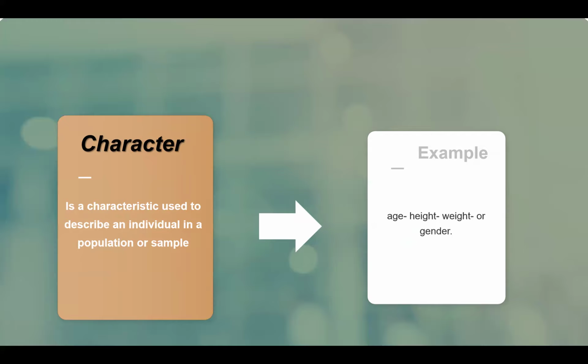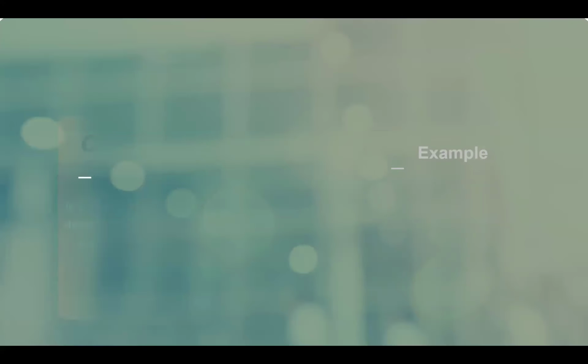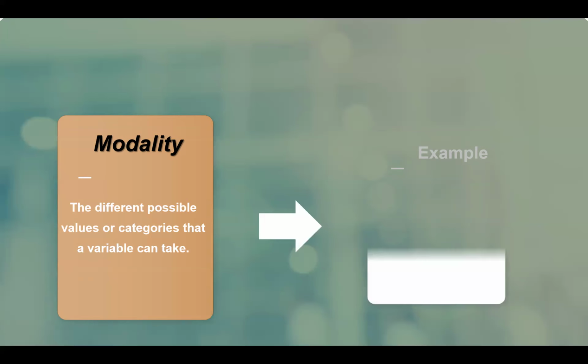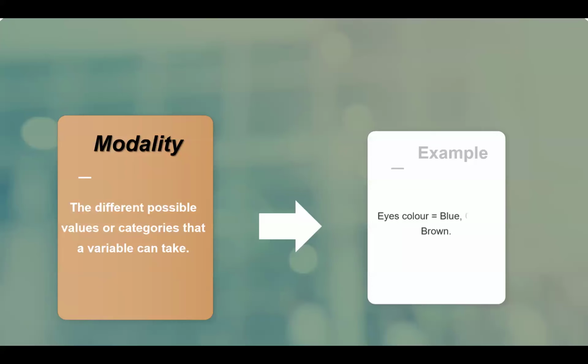Each character can take different possible values known as modalities. Modalities are the different possible values or categories that a variable can take. For example, if the variable is color, the possible modalities are blue, green, and brown.